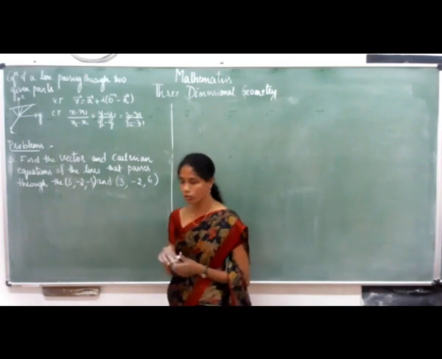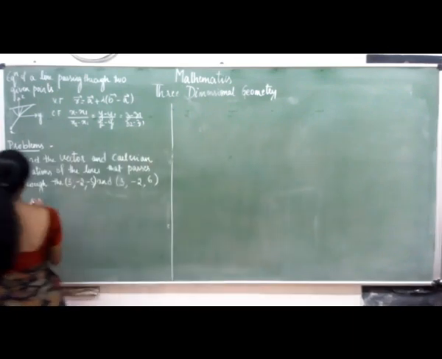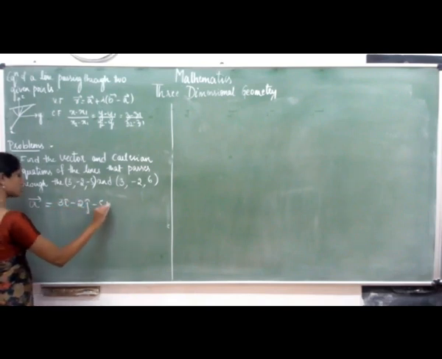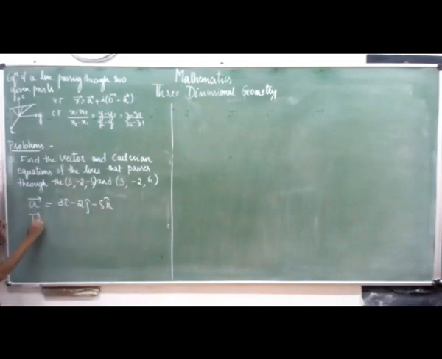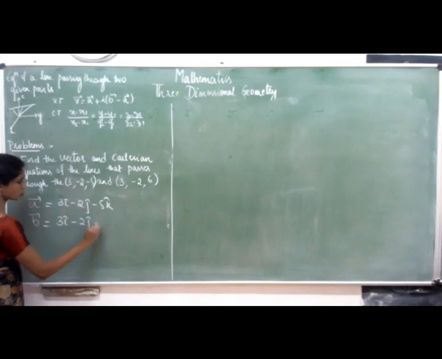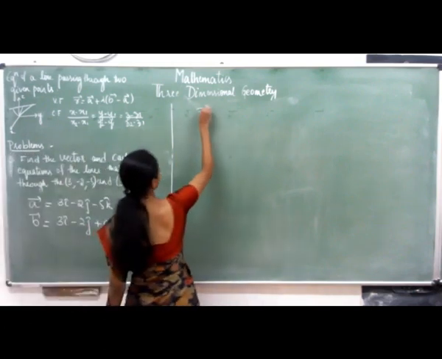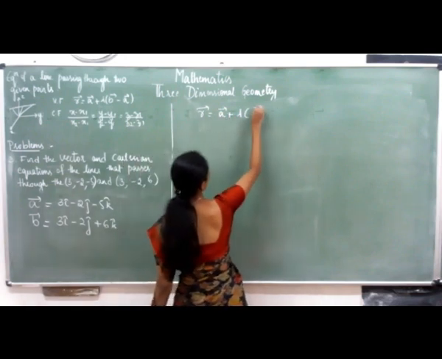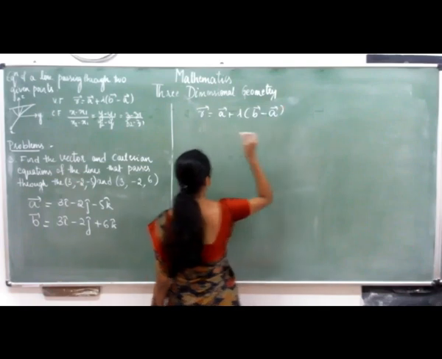Next problem, here also we need to find the vector and Cartesian equation of the line. So they have given 2 points. The first one is vector A, which is 3 i cap minus 2 j cap minus 5 k cap. And the second is vector B, which is 3 i cap minus 2 j cap plus 6 k cap. We know that the vector equation is vector R is equal to vector A plus lambda times (vector B minus vector A).